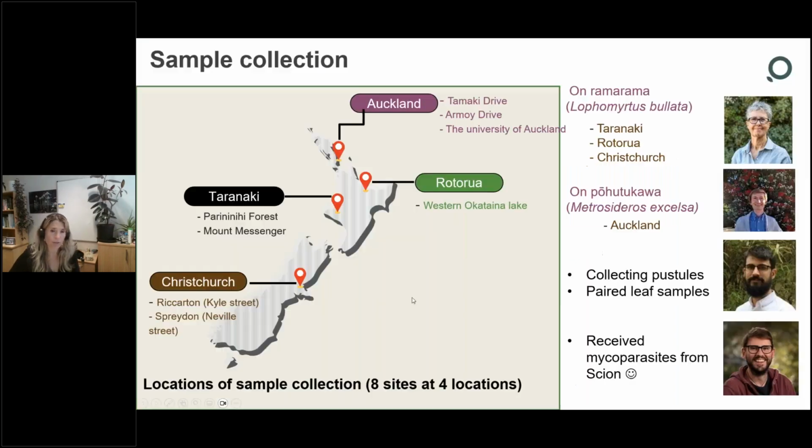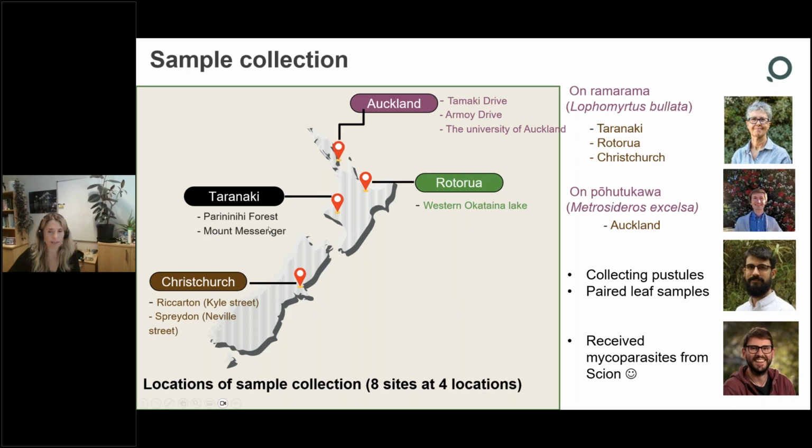So she undertook quite a lot of sampling, and I'd like to acknowledge Kirsty, Vlad, Michael and Stuart here from Scion, and particularly a big thank you to Scion, who have not only supplied us with some of their mycoparasites that they have identified, but have also been extremely helpful in helping us do the collections for Dan.